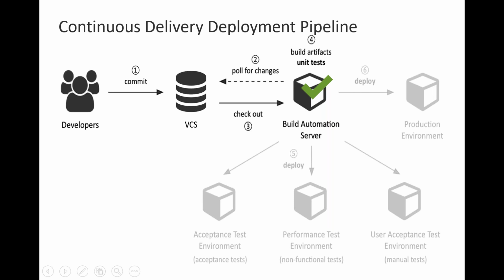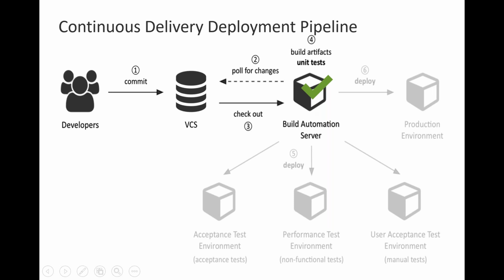From the diagram point of view, the developers commit the code to the version control tool, and the build server, like Jenkins with its slave machines, pulls the latest change, checks out the code, and runs the build artifact generation and unit test cases.